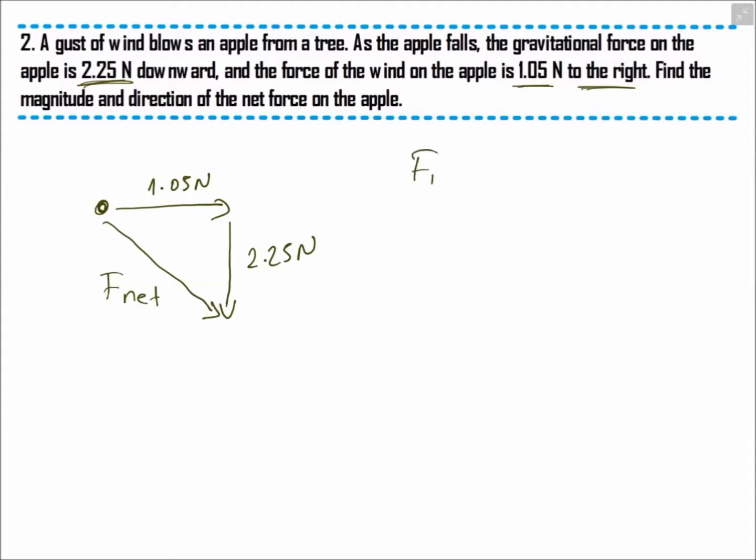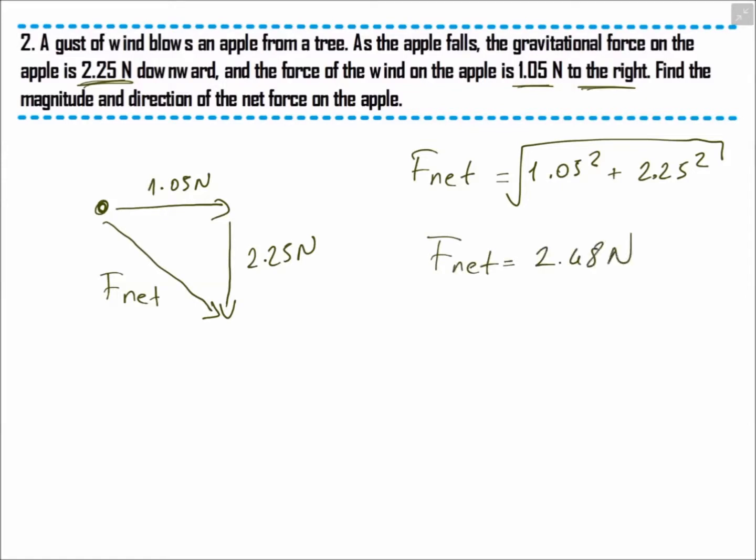So F net equals the square root of 1.05 squared plus 2.25 squared. So F net will be 2.48 Newton.